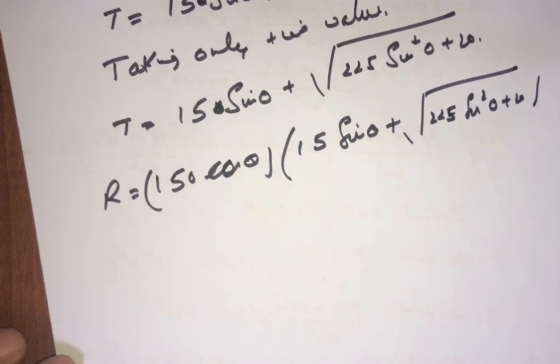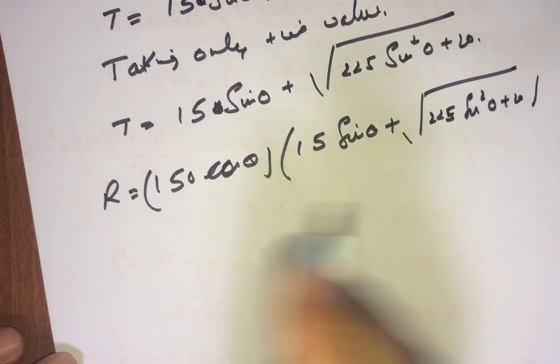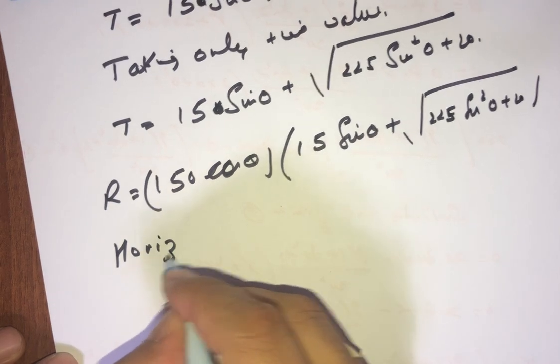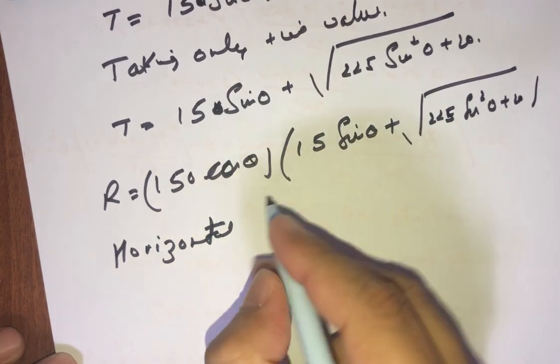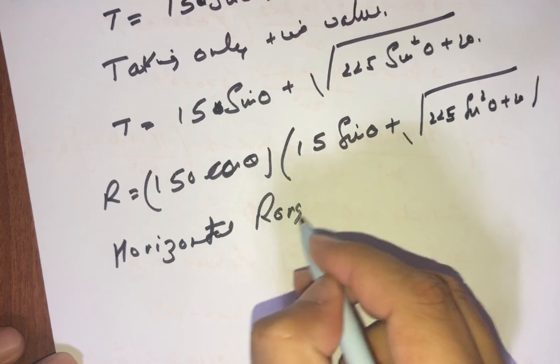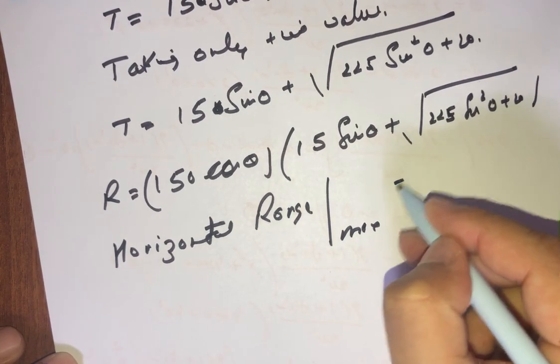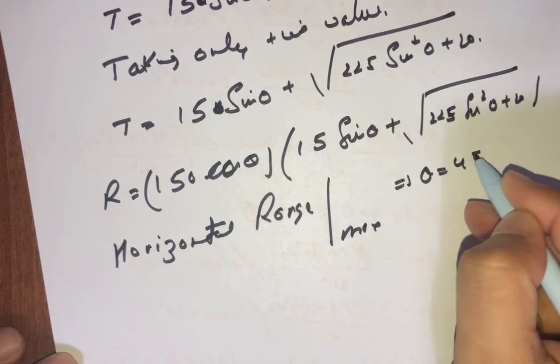Now there is a basic concept of the horizontal range, which states that horizontal range will be maximum when theta is equal to 45 degrees.